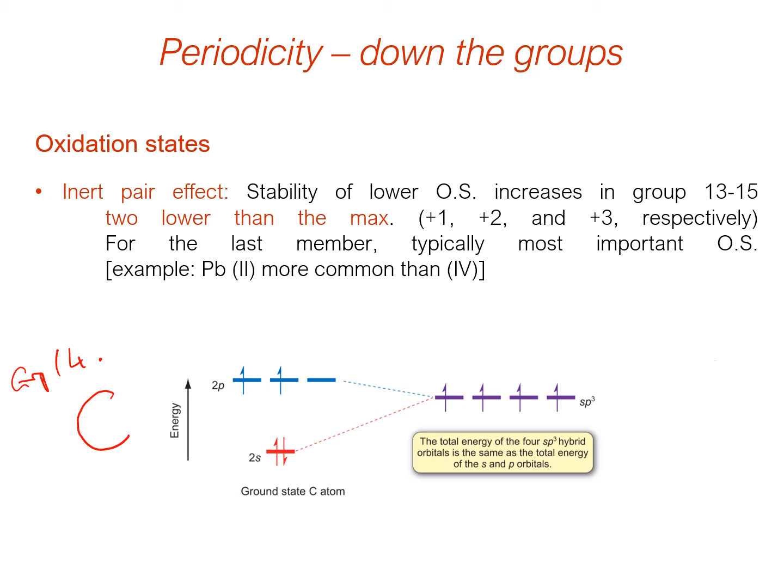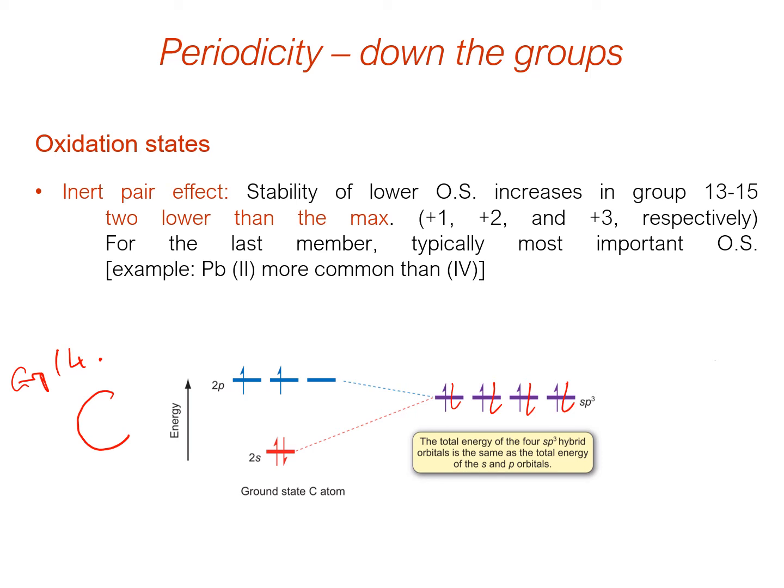In the ground state carbon, we've got 2 2s electrons and 2 2p electrons, and they combine in these sp3 hybridized orbitals, and then they're all used for bonding. So for example, we can bond to 4 hydrogens, and they'll all use these 4.